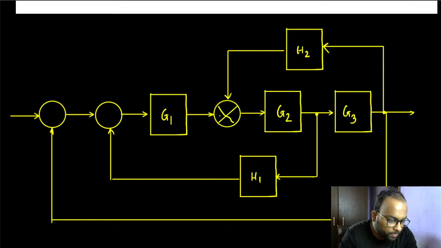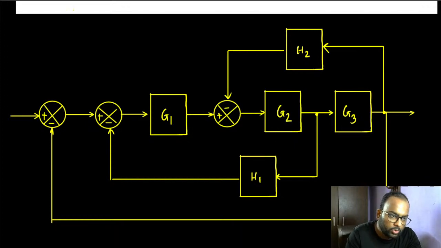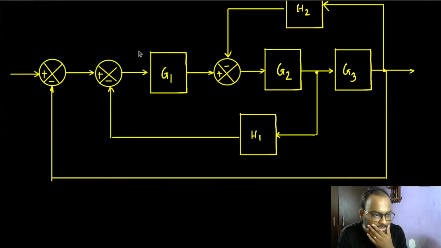That's a feedback loop. I believe you understand that's a feedback because it's taking the output signal and bringing that back to it. So with a minus sign again. So it's a negative feedback. Okay. This is again a part of a feedback loop because just like that it happens. Same thing here. We have three feedback loops here. So that outermost feedback loop will be taken care of the last.